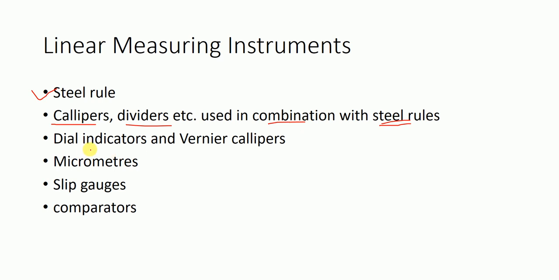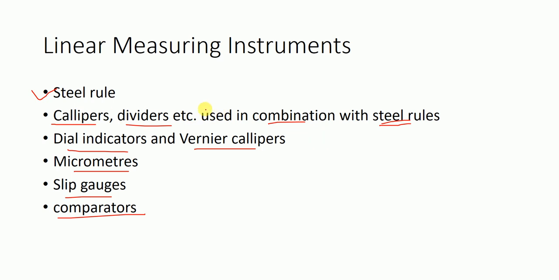Then next are dial indicator and vernier calipers, which are also used for linear measuring purposes. Then micrometer, slip gauges and comparators. All these are measuring instruments used for linear measurement.